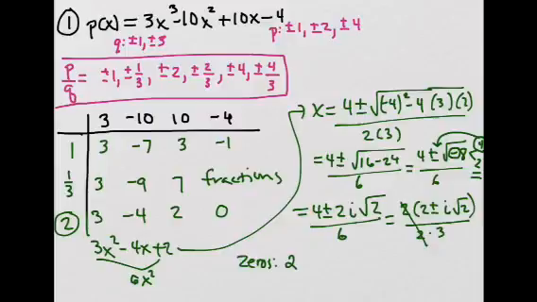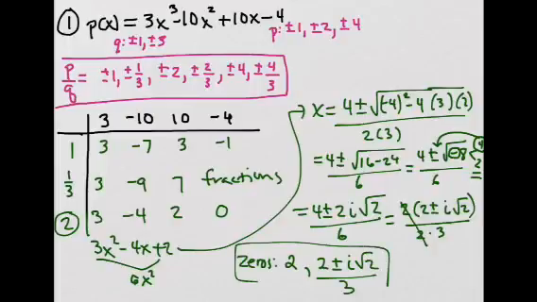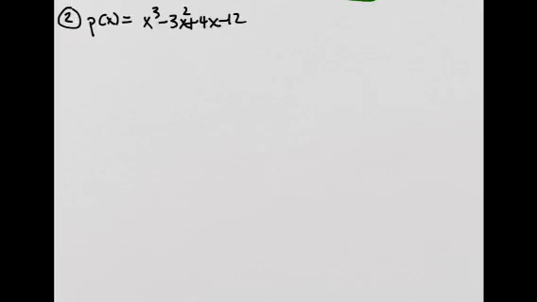Don't forget about that one. And then 2 plus or minus i radical 2, all over 3. So here are the 3 zeros: 1 real, 2 imaginary.